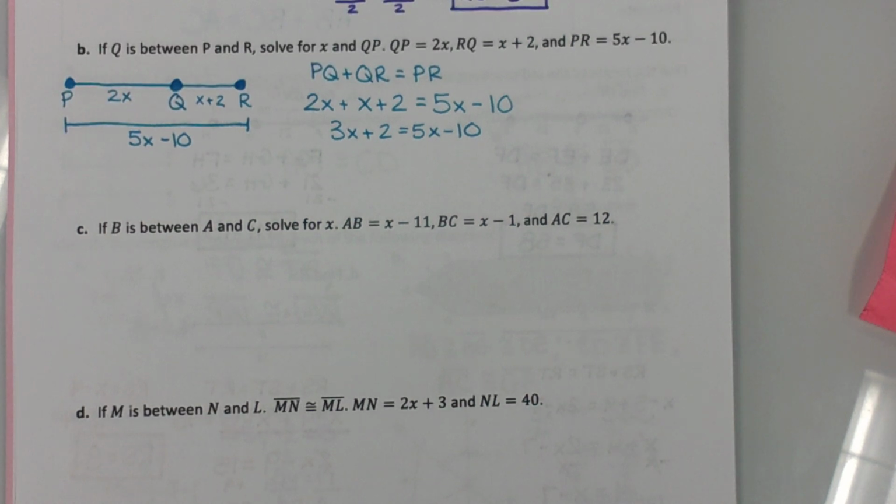Okay, so I'm now at 3x plus 2 equals 5x minus 10. Eli, if I want to solve this, where am I going to go next? You got this.